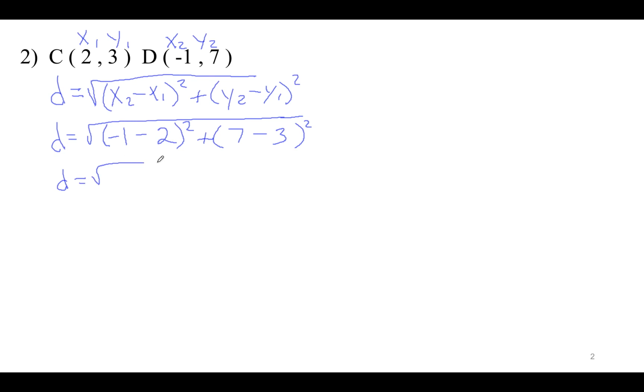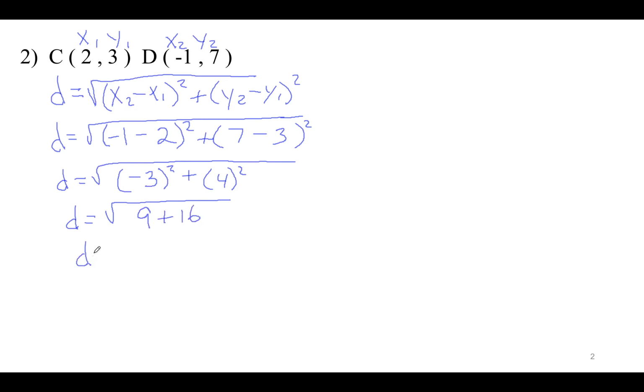Working inside out. Negative 1 minus 2, negative 3 squared. Plus 7 minus 3, which is 4 squared. Negative 3 squared is going to be positive 9. 4 squared is positive 16. 9 plus 16 is going to be 25.